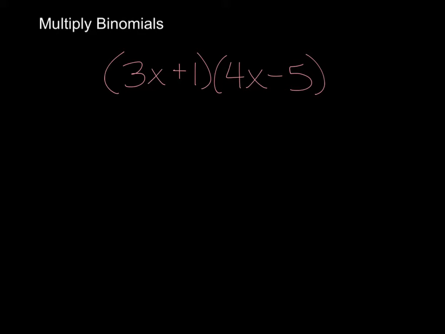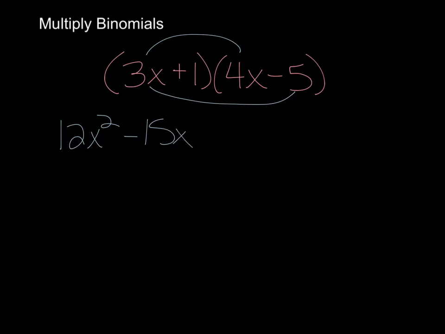So we're going to distribute just like we've been doing. 3x times 4x is 12x squared. 3x times negative 5 is negative 15x. Then we're going to distribute the 1. 1 times the 4x is 4x. 1 times negative 5 is negative 5.